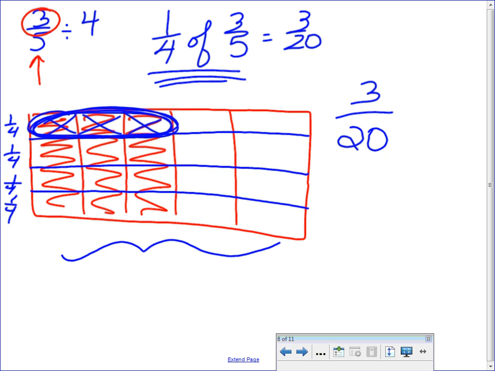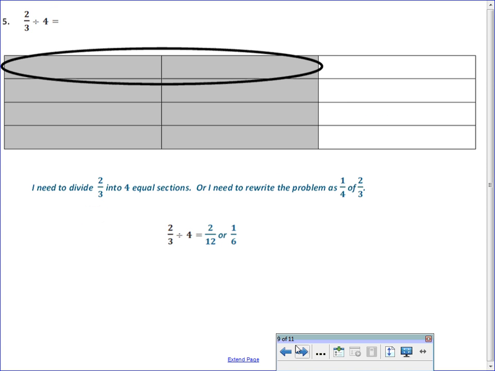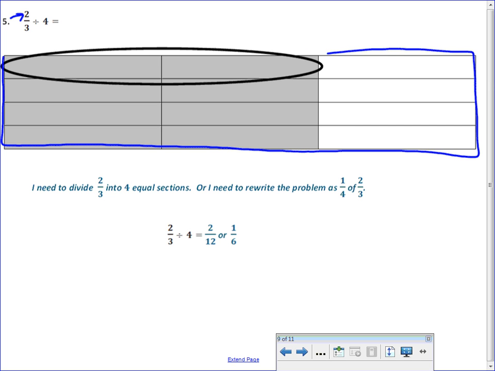Well, it depends. If your numerator is 1, here's number 5. So 2/3 divided by 4. Is that what I just did? No. So here, 2/3 divided by 4. My numerator is not 1. So I need to do this model. So I draw my 2/3. 1, 2.